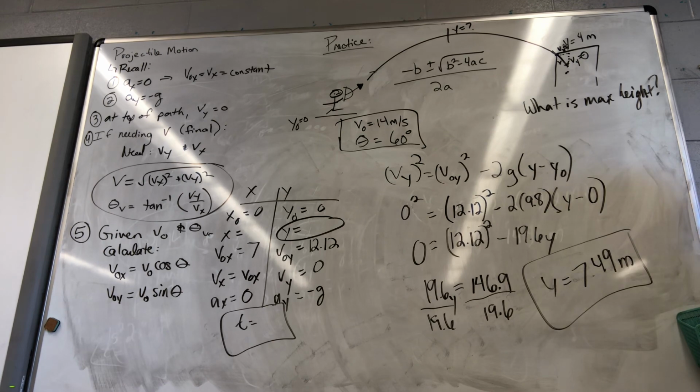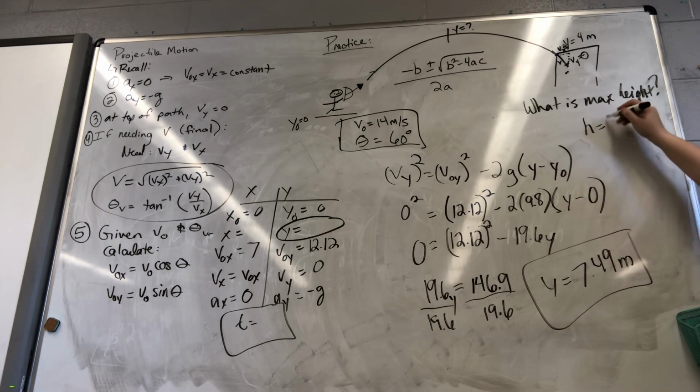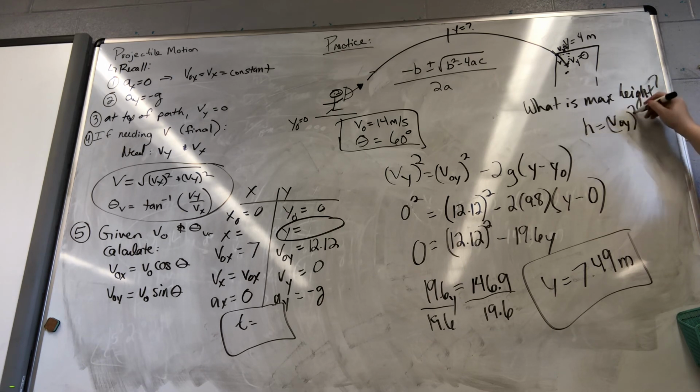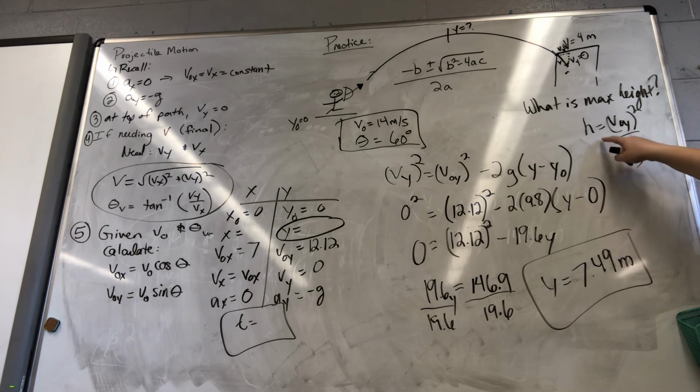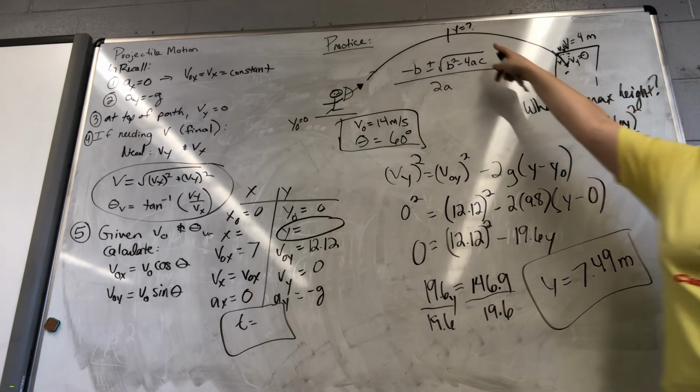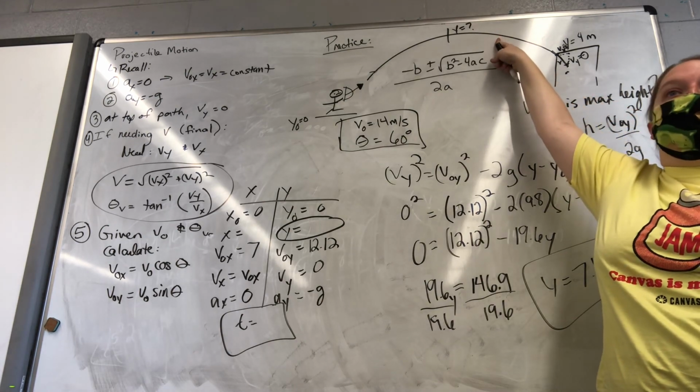Yes, ma'am? Could you have used the height equation? You could. Absolutely. Remember, I introduced these last for a reason. You can only use them in very specific situations. You can only use the height formula when you're trying to calculate maximum height. You cannot use it in any other situation.